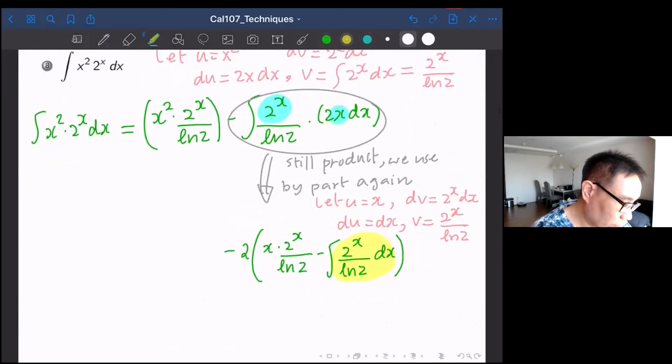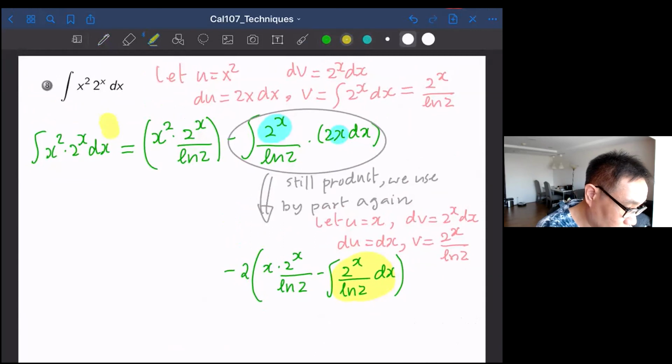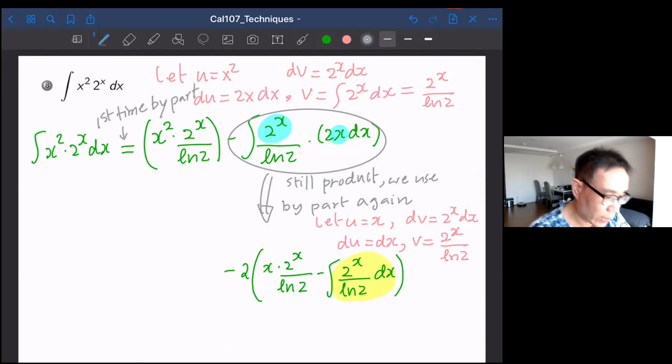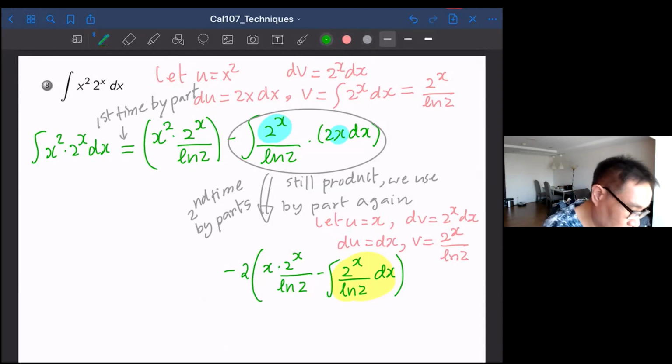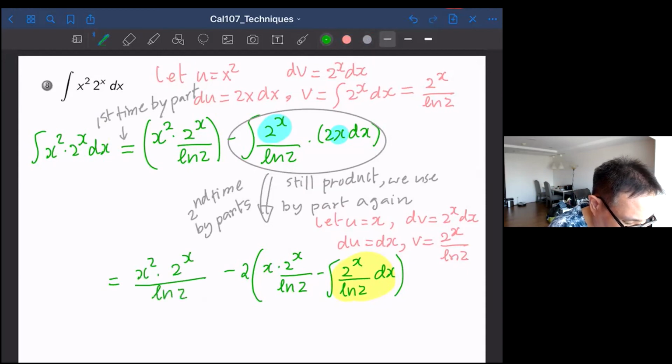So I'm going to say this is the first by parts, and this guy is the second time by parts. Then you copy the other term down. So it's going to be x squared 2 to the x over log 2.